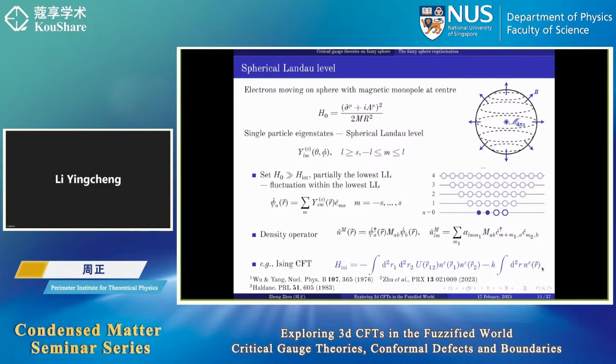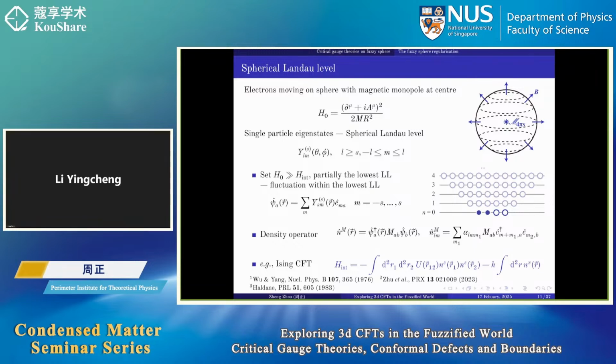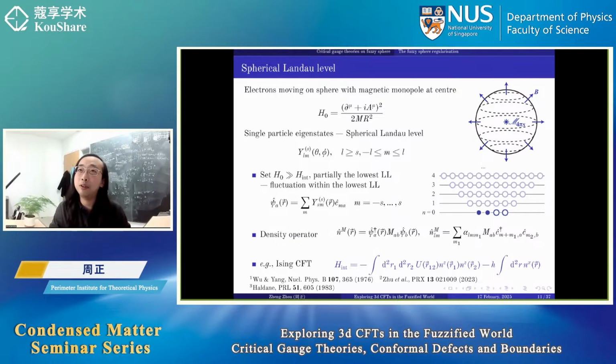Excuse me, I also have a question. How can we determine this density operator for a generic CFT? Is there a method? This density operator is a construction in the microscopic model. I see. So it is like putting a spin on the lattice model.